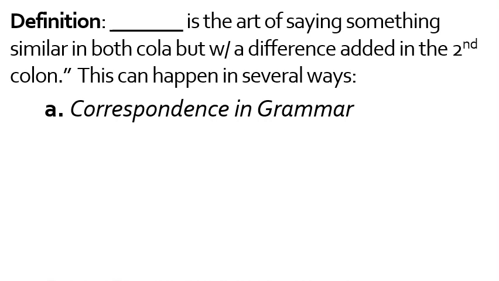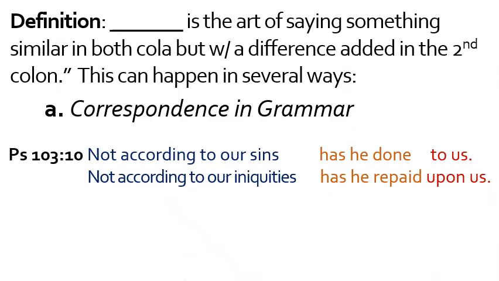The first would be correspondence in grammar. So both cola have similar grammatical structure, so we can see the comparisons made. For example, Psalm 103:10. Not according to our sins has he done to us. Not according to our iniquities has he repaid upon us.